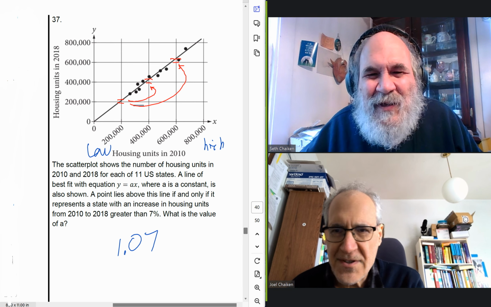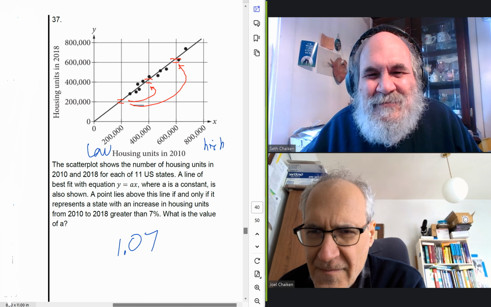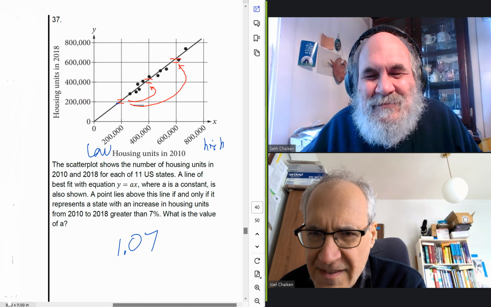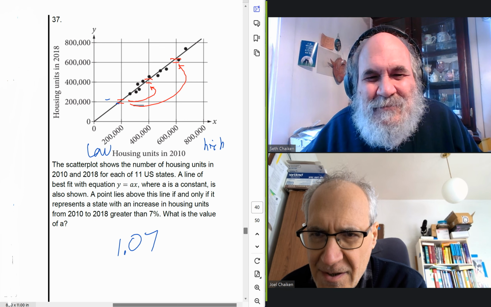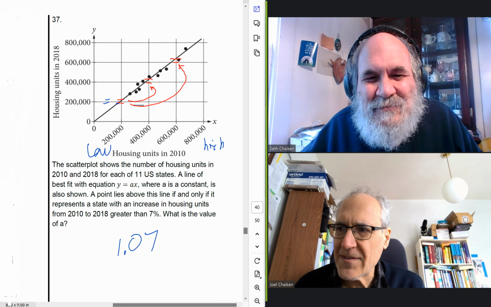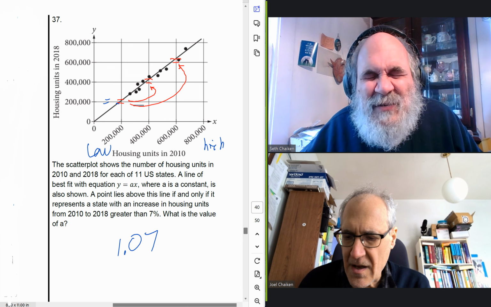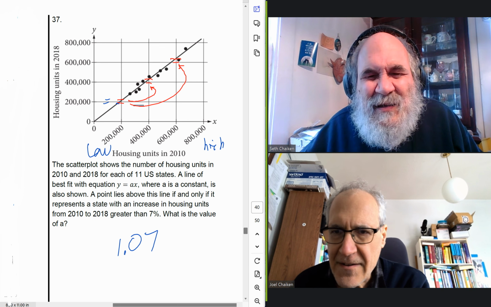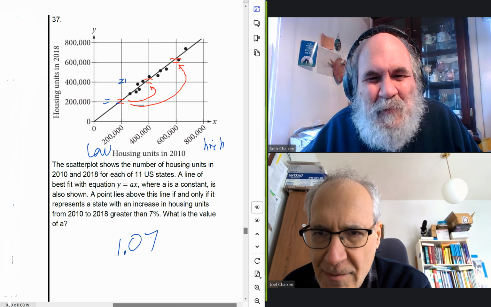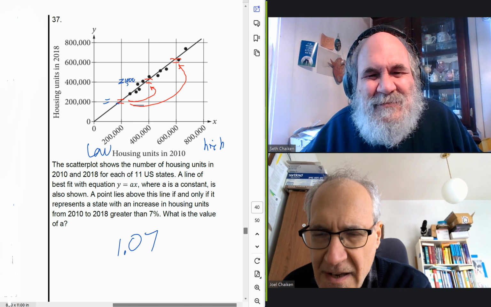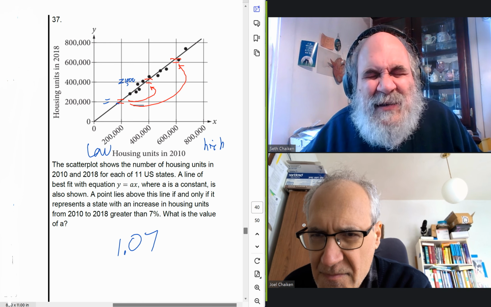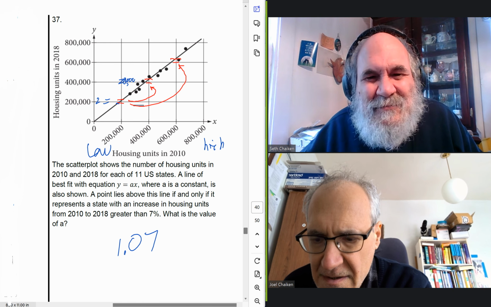In other words, if this is 200,000, then this little gap here is 14,000, 7% of 200,000. And this little gap here is 21,000, and this gap here is 28,000.